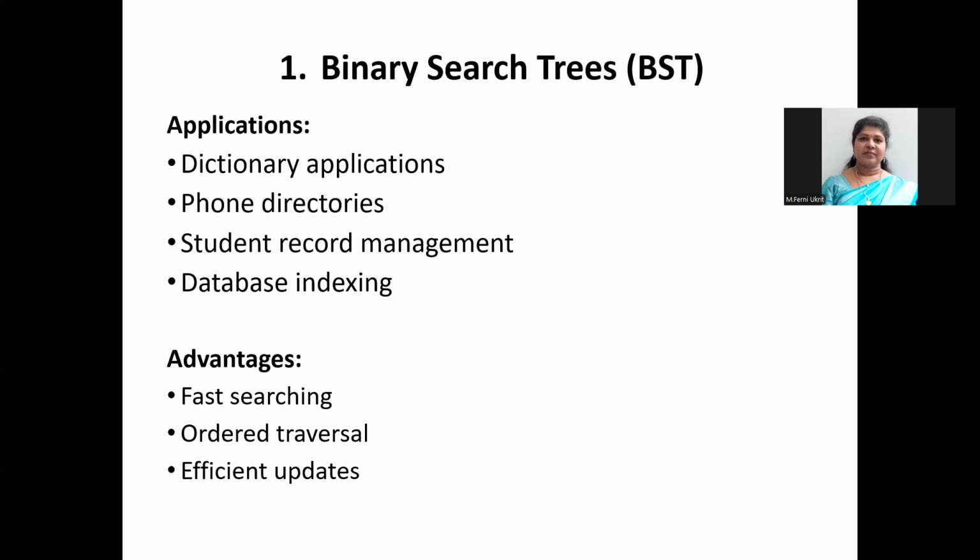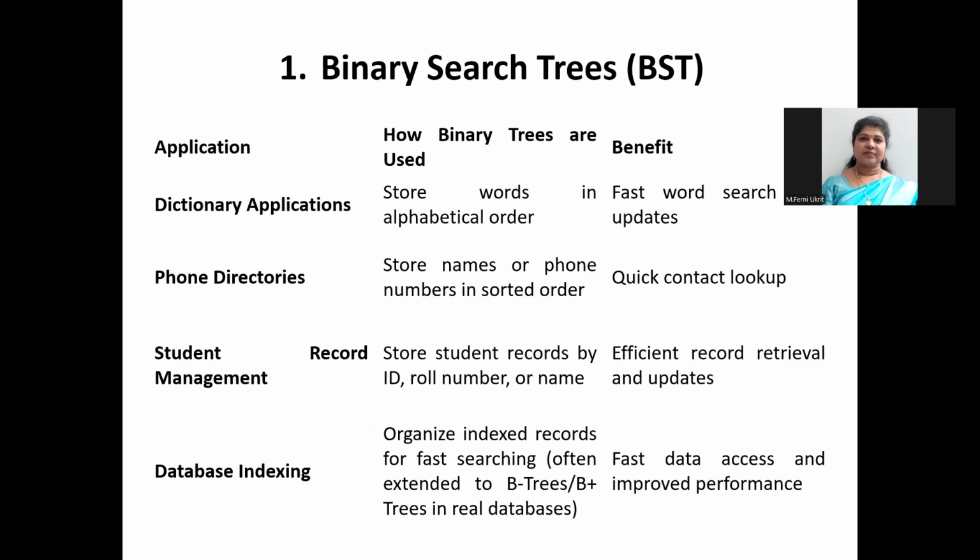Coming to the applications now, when we take the dictionary application, you know that in a dictionary, all the words will be in alphabetical order, from A to Z. So when we want to search for a word in the dictionary, you normally know where it starts.